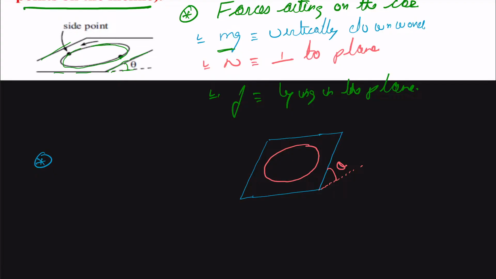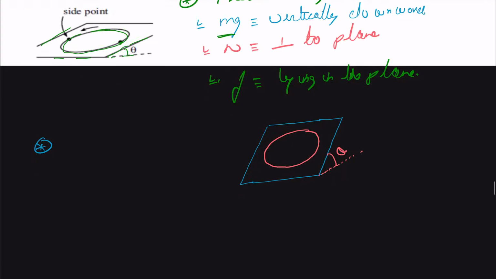For the sake of convenience, because mg is always in the downward direction, this is our angle theta, and at any particular moment the car is somewhere here.